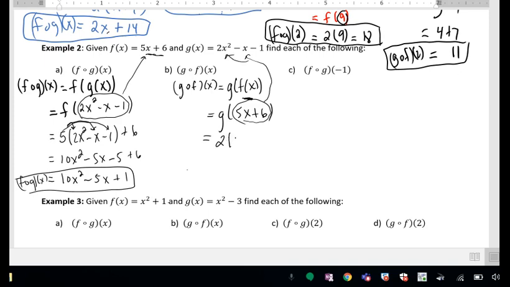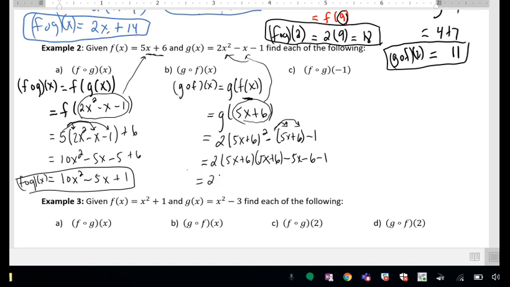So I would get 2 times (5x plus 6) squared minus (5x plus 6) minus 1. So here we get (5x plus 6) times (5x plus 6) minus 5x minus 6 minus 1. So I distributed the negative in here.